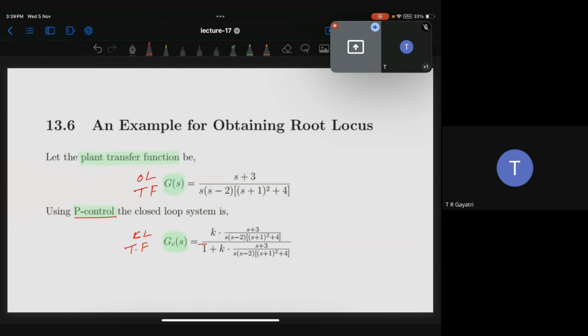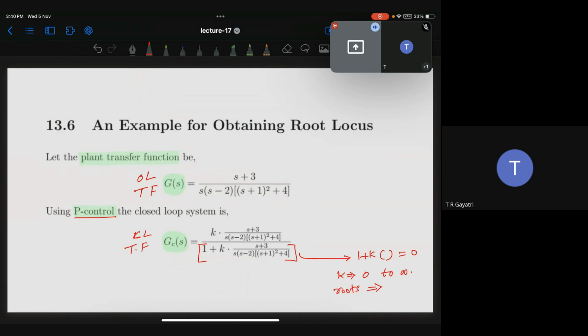In this closed loop transfer function, if you take this term 1 plus k, equal to 0, and vary k from 0 to infinity, for every value of k, if you take the roots, plot them and connect them, you'll get the root locus. Yes or no? Yes, sir.